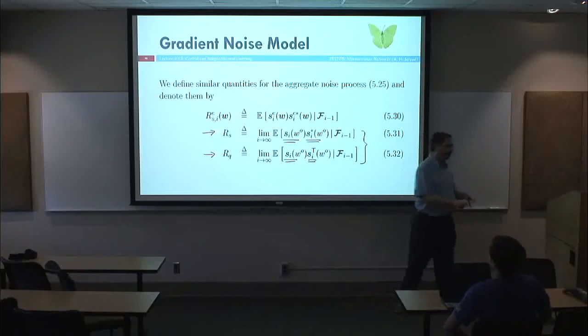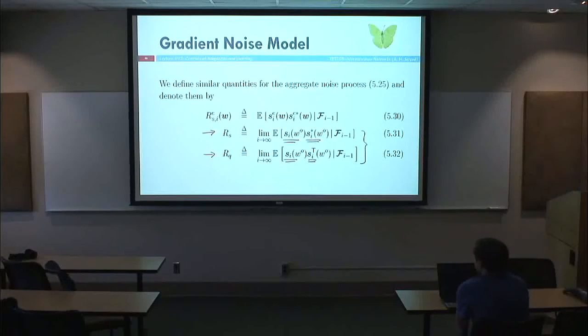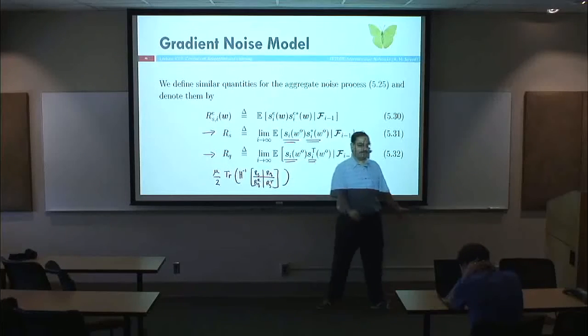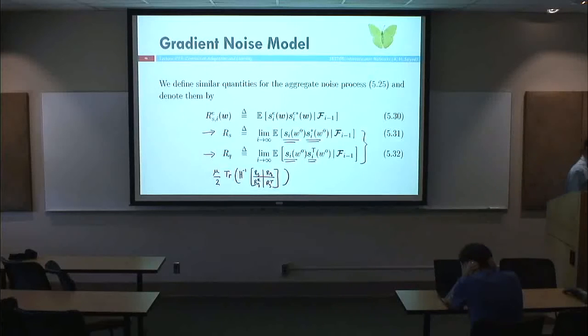Because if I know RS and RQ, then I know from the previous lecture that the performance will look something like this: trace of H inverse times a 2 by 2 matrix, which contains RS, RQ, RS transpose, RQ star, something like that, if I'm not mistaken. So H inverse we know. What is H?